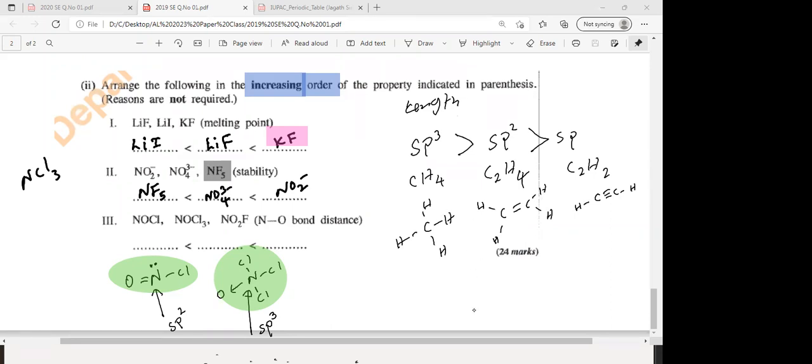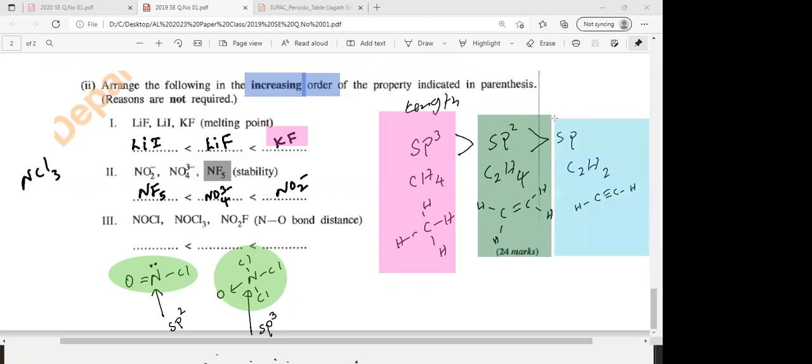So you should better copy this down also, parallel to this. sp3, this is sp2, and the last one sp. Is that clear, everyone?